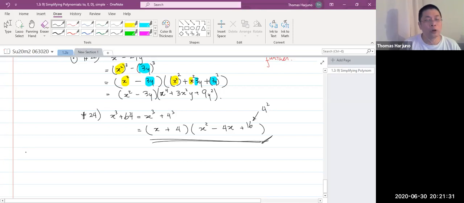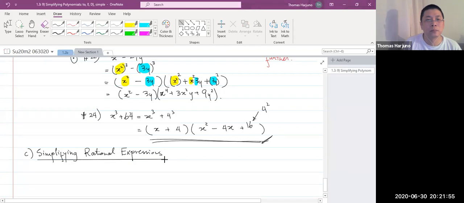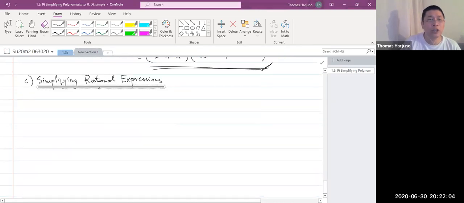Okay, so part C, simplifying rational expression. A lot of factoring here. So let's see, for example, I do the easy one first.